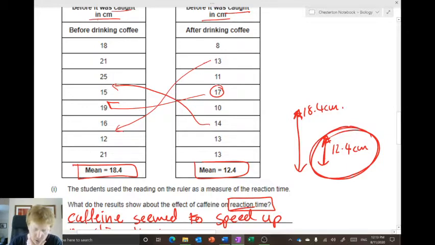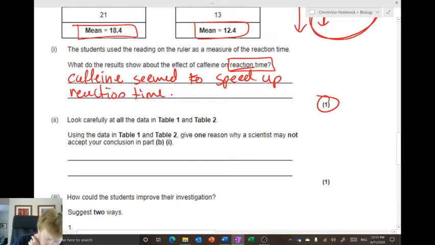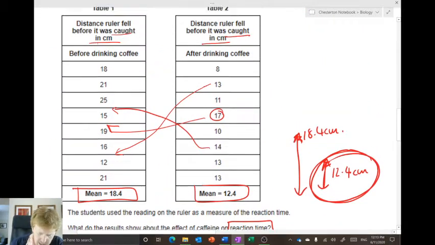The numbers overlap a lot. They've got very, very similar numbers overall, right? And so you could say something like the data seems to overlap a lot, because the numbers are very similar. So the overlap could be it.